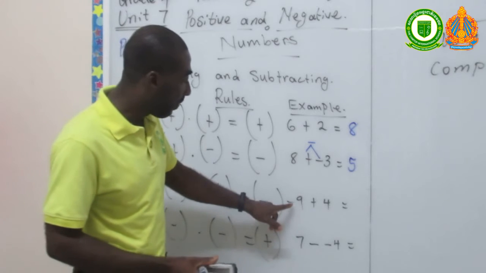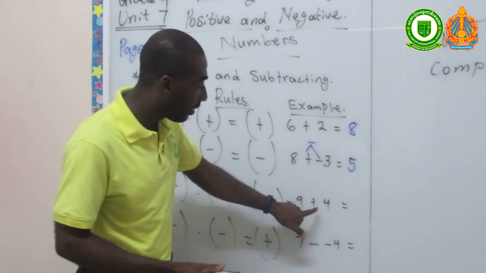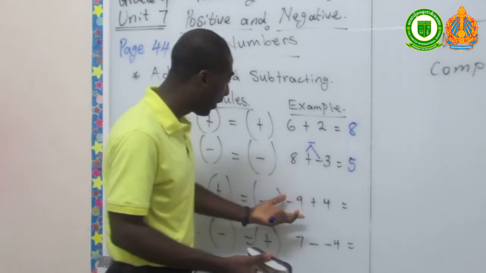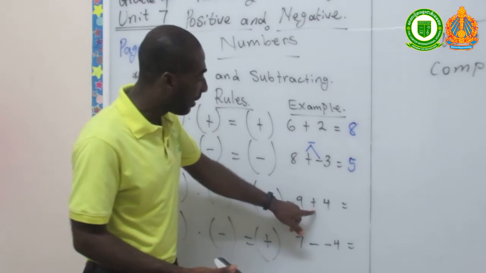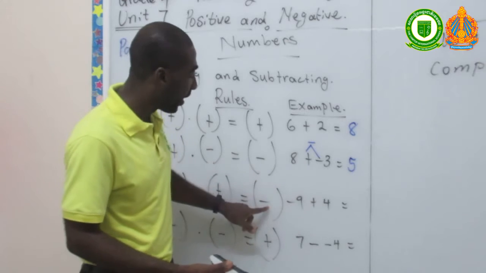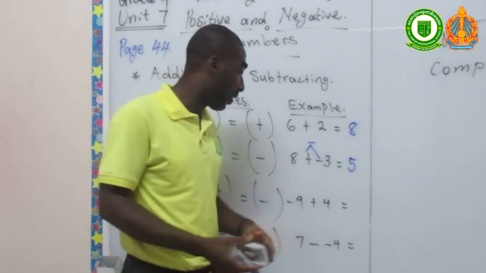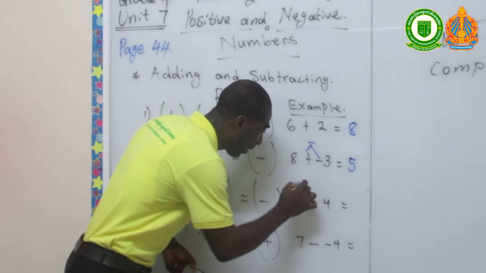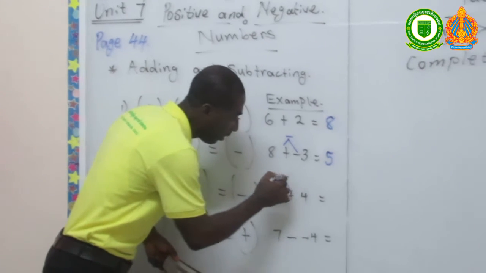Now we have minus and positive giving minus. So we have this minus and then we have this positive here. So what is the deal here? The deal is that this plus and this minus are going to turn into a negative sign. So your minus here and your plus here will tend to be a negative sign.